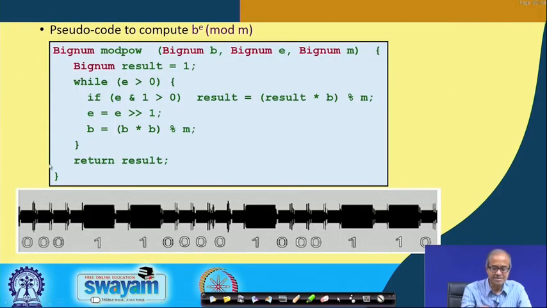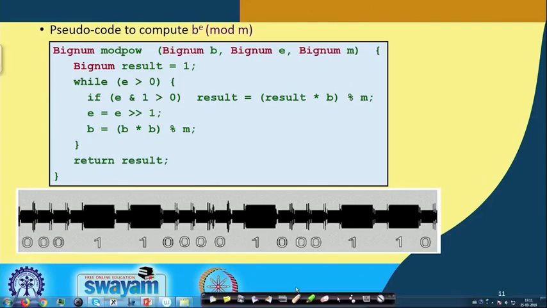Now, this is a pseudo code in C like language that implements that same algorithm. Because the numbers are very large, these are not integers, I am using a special data type called big number, called bignum. If you look at this algorithm, this is a C program, it exactly computes whatever was mentioned here.